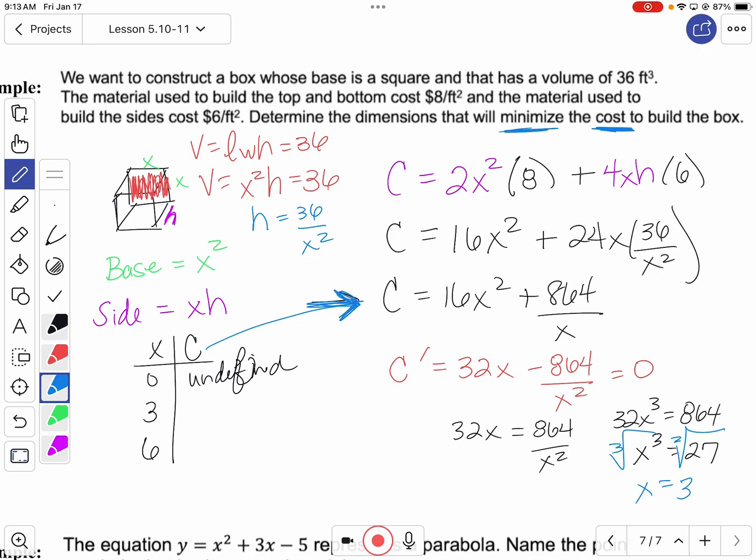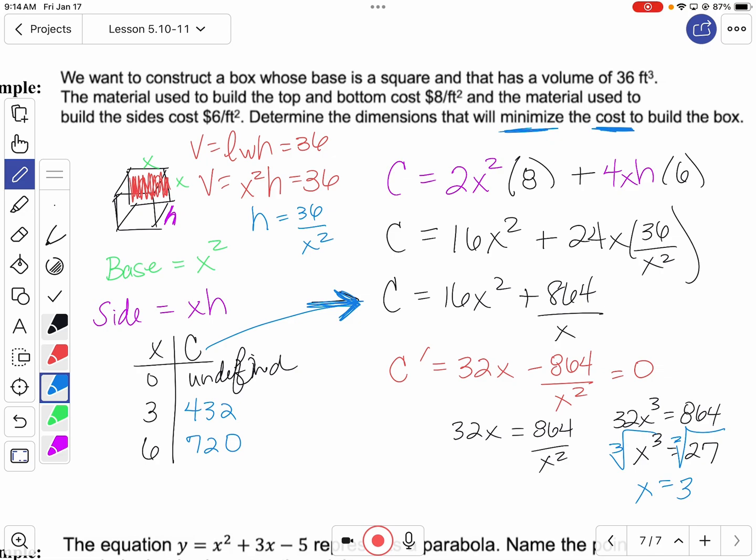If you use candidates, you plug it into the original. Did you get 432 for 3? And then for 6, 16 times 36 plus 864 divided by 6. I believe it's 720.